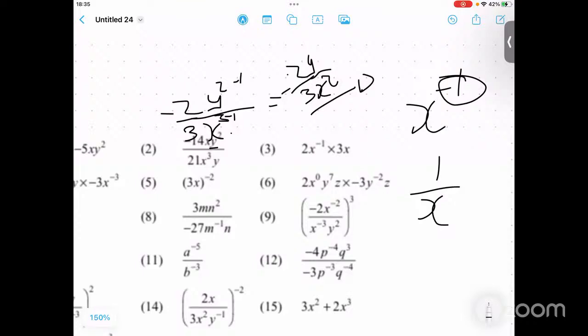So you subtract the smaller one from the bigger one. We brought x to the power of 1 to the x to the power of 3, so here you see x to the power of 3 minus 1, and y to the power of 2 minus 1, because there's an invisible 1 here. We simplified that, so we had minus 2y divided by 3x to the power of 2. Are we all good?